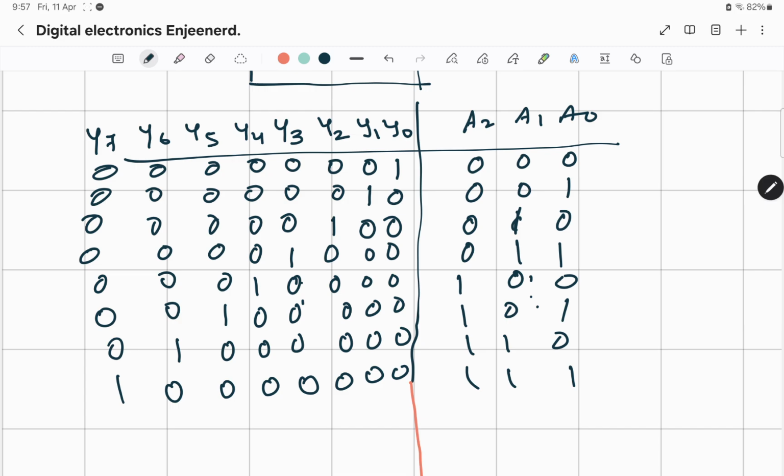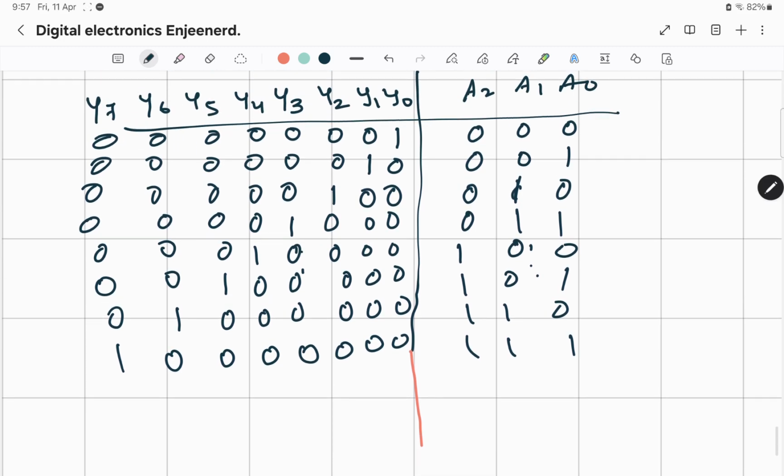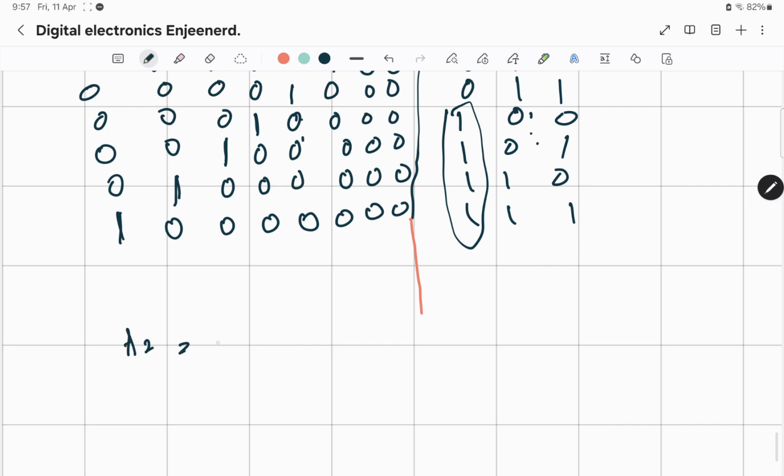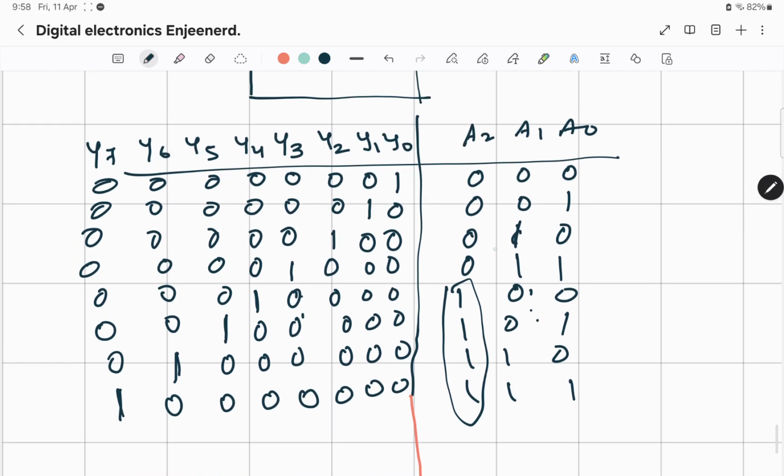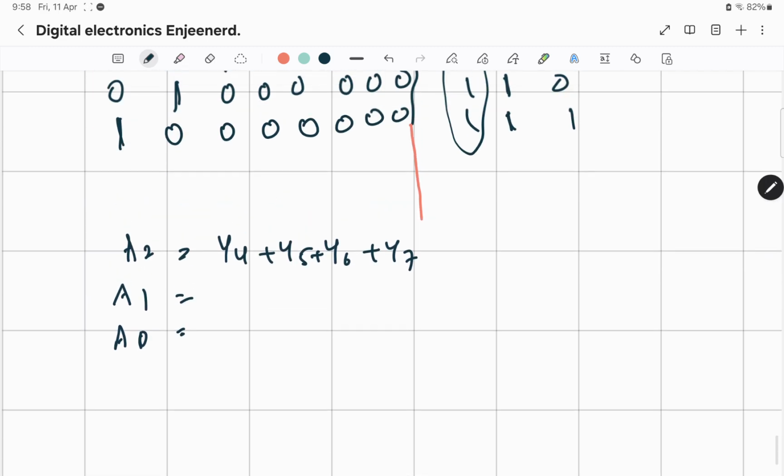Now see here, how do you write an equation? Very simple. This is A2. A2 is reflected by these ones. These ones reflect Y4, Y5, Y6 and Y7. So A2 is equal to Y4 plus Y5 plus Y6 plus Y7. Similarly, A1 and A0, how do we write it? A1 is 1 and 1, which reflects 2 and 3, and last 2, 6 and 7.